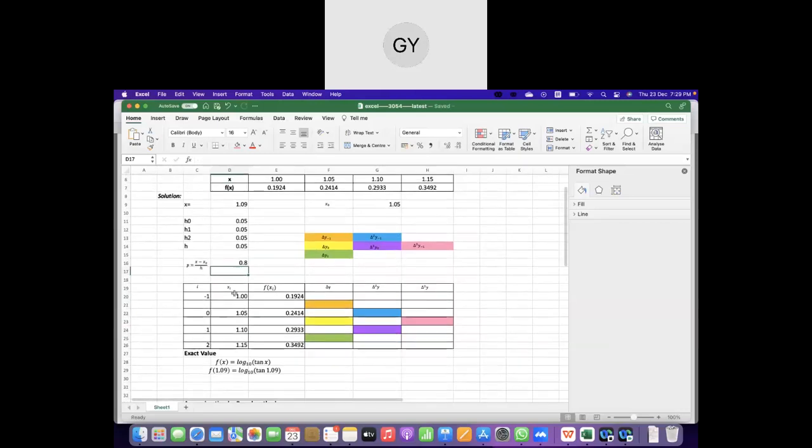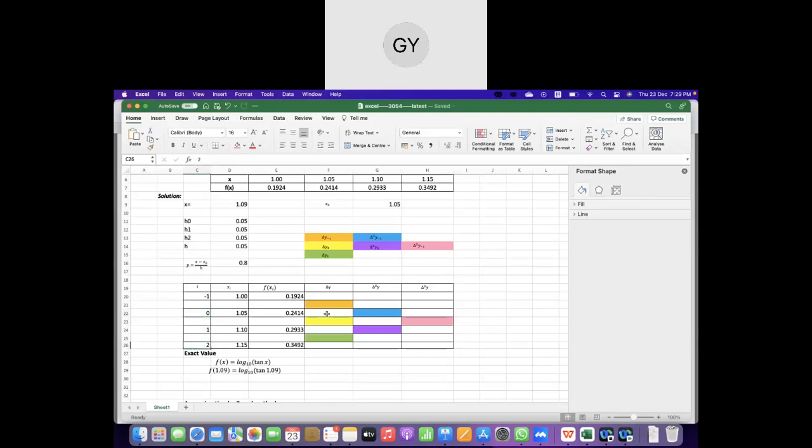Since xi is the x data and f(xi) is the data of f(x), x0 is 1.05, so the i for 1.05 is 0, the i for 1.00 is -1, then 1.10 is 1, and 1.15 has i value 2.